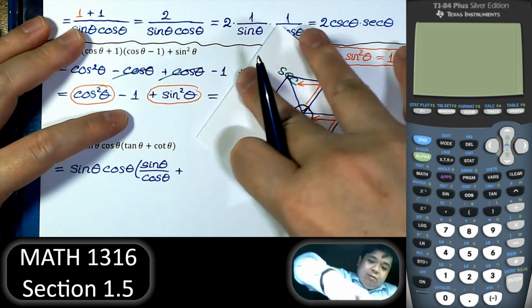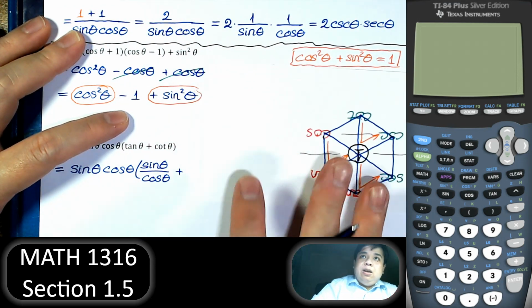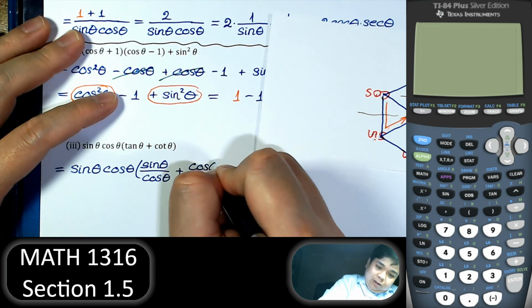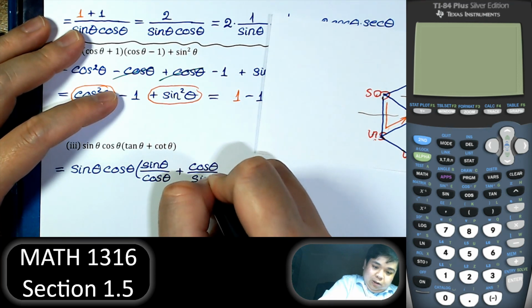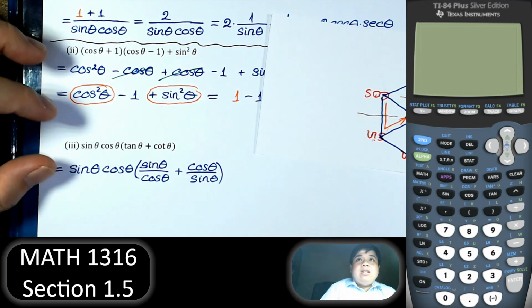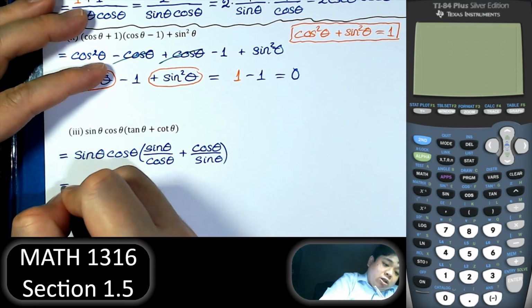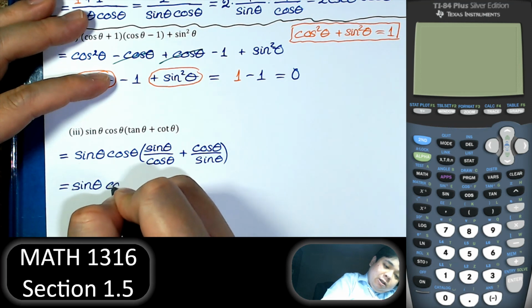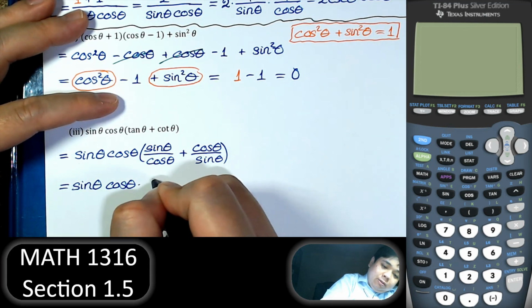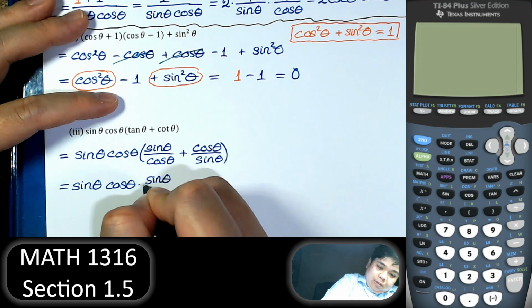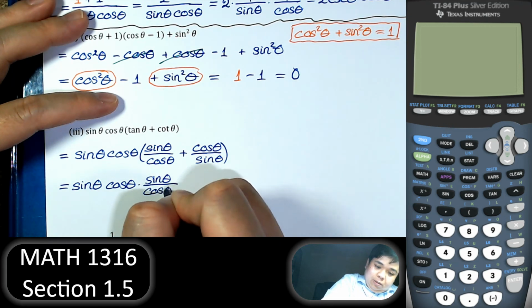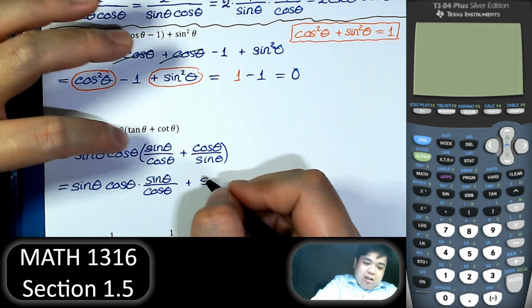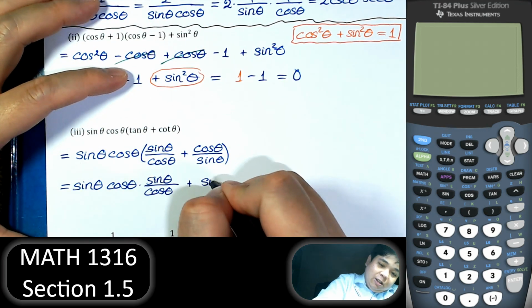Cotangent is cosine over sine. Right? Now let's multiply them out. That times that. So that's times the first one and then times the second.